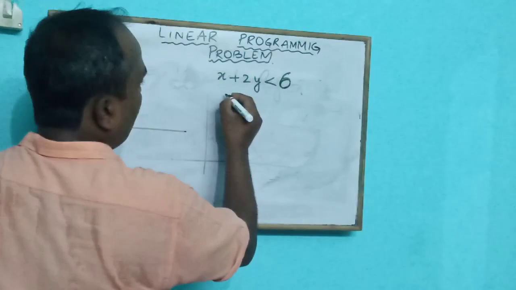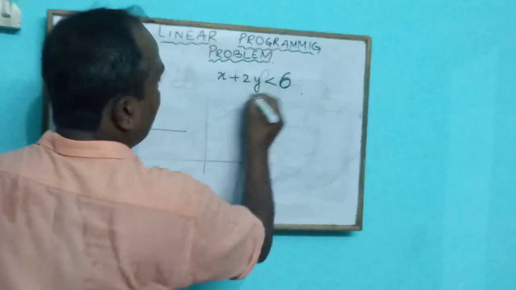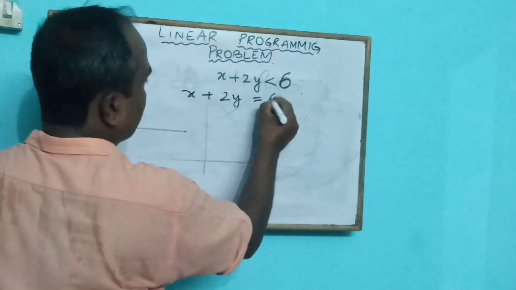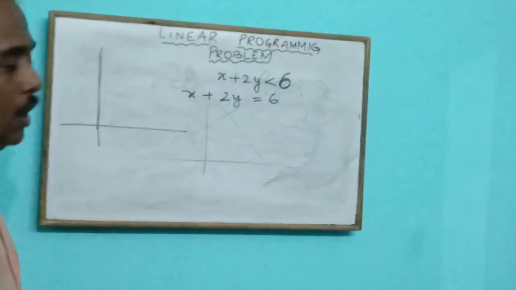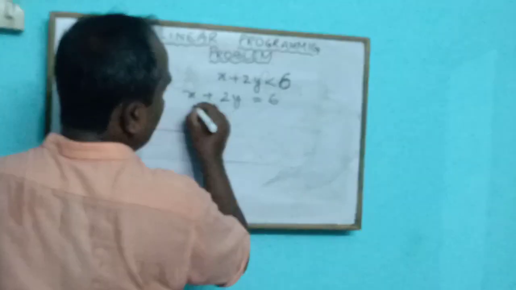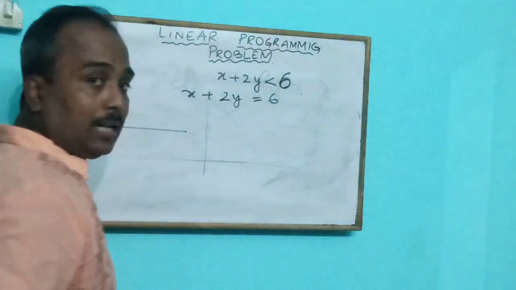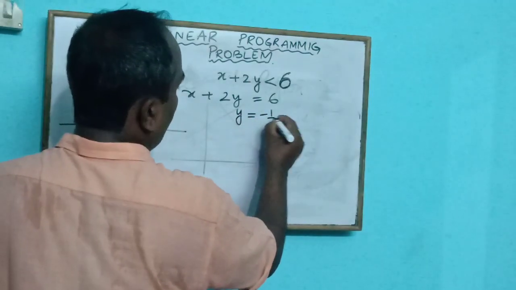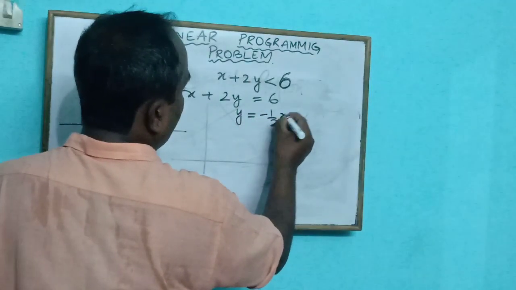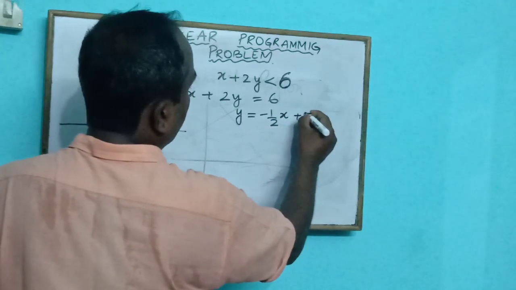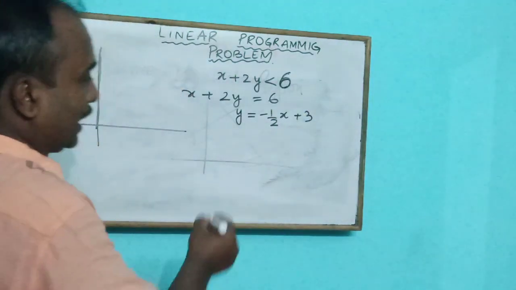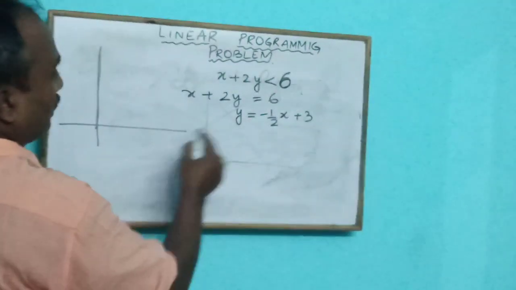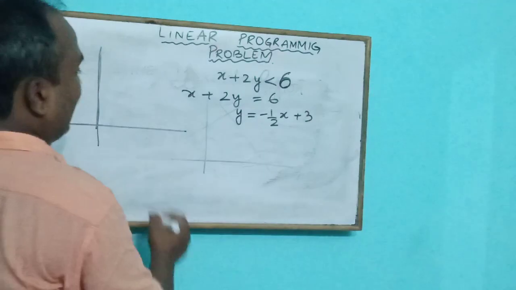Let us think that x plus 2y is equal to 6. Obviously, this will be representing a straight line. So that means y is equal to minus 1 by 2 x plus 3. That means minus 1 by 2 is the slope of the line, and 3 is the y-intercept.